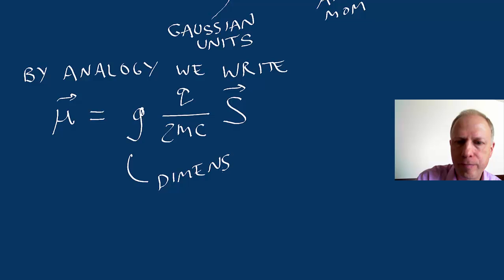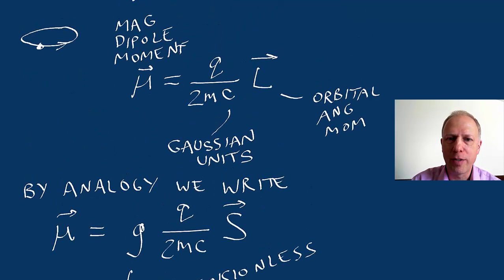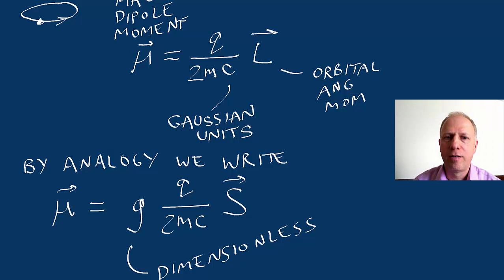Now, there's no question that the units are right in this equation because it's just like the formula we had from an orbiting point particle. And all of the things that we don't know about the origin of the spin and the origin of the magnetic moment of an electron can be hidden inside the proportionality constant g.